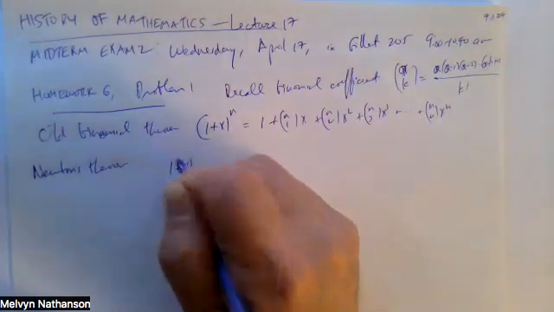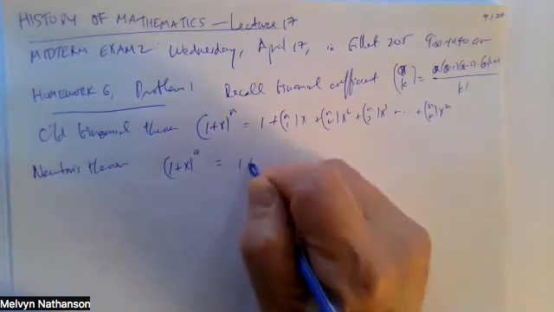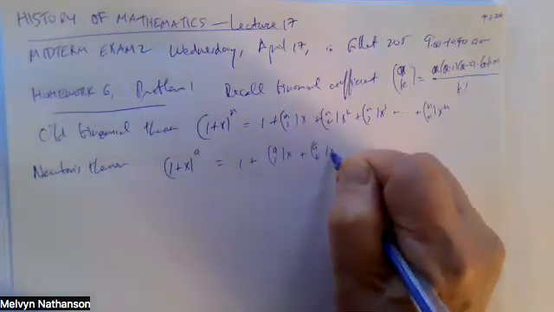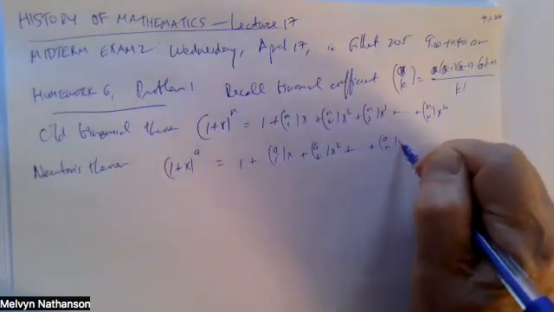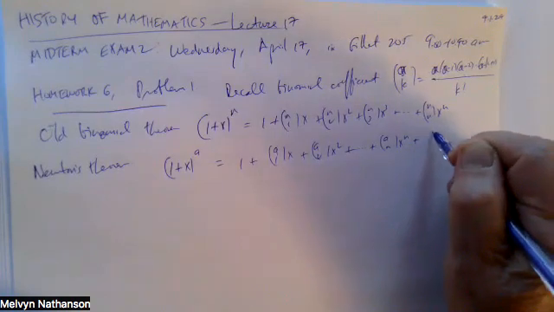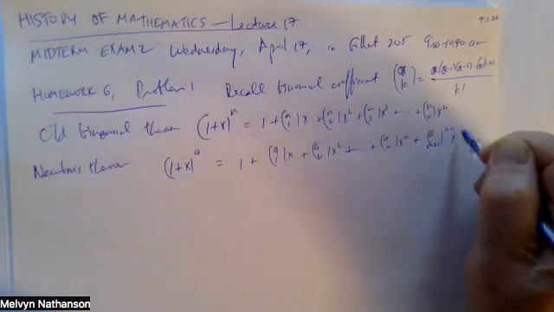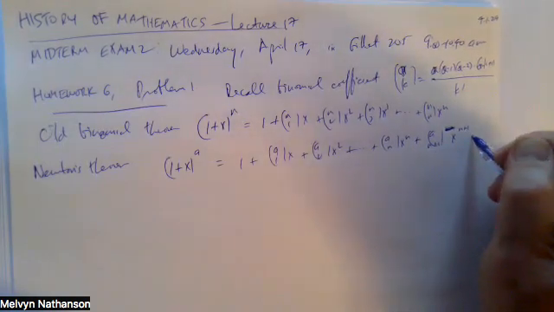If you take 1 plus x to the power a, this is still going to be 1 plus a choose 1 x, a choose 2 x squared, a choose n x to the n for any n, but it keeps on going. A choose n plus 1, x to the n plus 1.